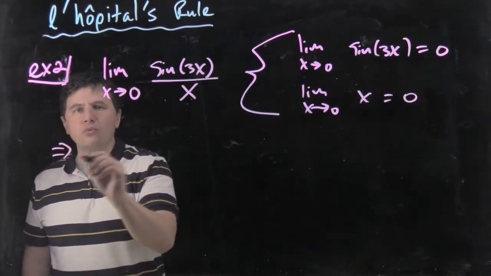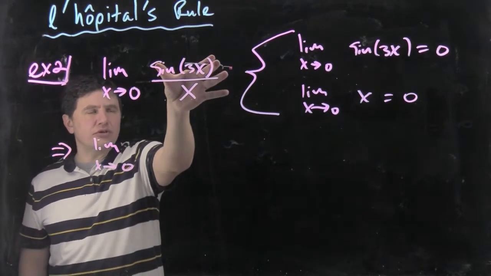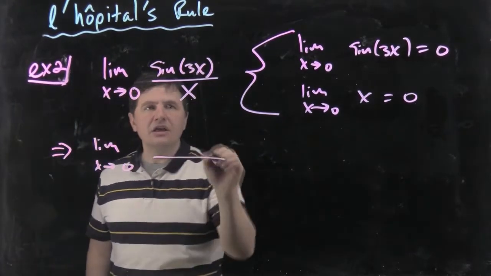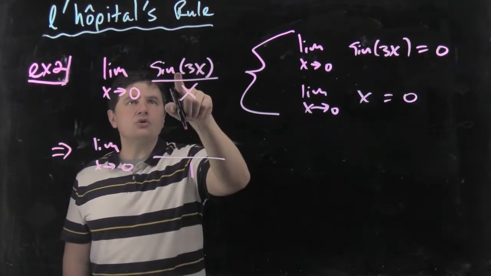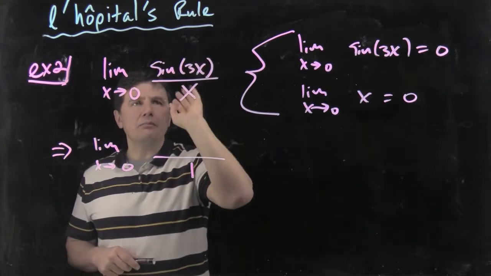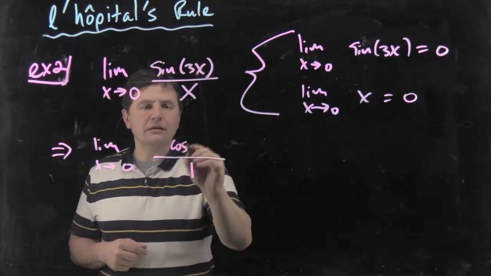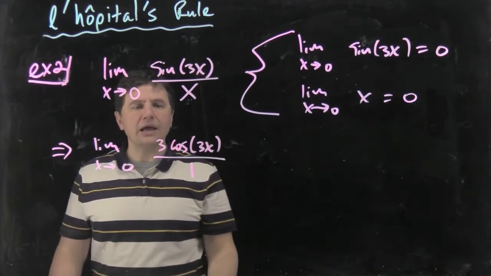So the way L'Hopital's works, once again, we're not using quotient rule. We're taking the derivative of the numerator separate from the denominator. Let's start with the denominator. That's really easy. The derivative of x is just 1. The numerator, we've got to use chain rule here. So the derivative of sine blob will be cosine blob, and then we have to take the derivative of the blob, which is 3.